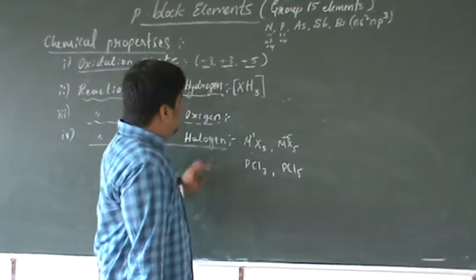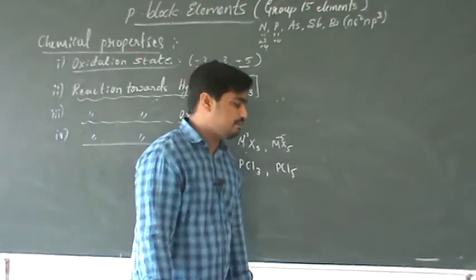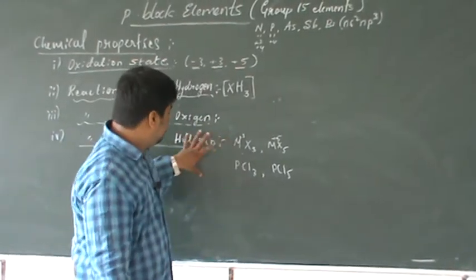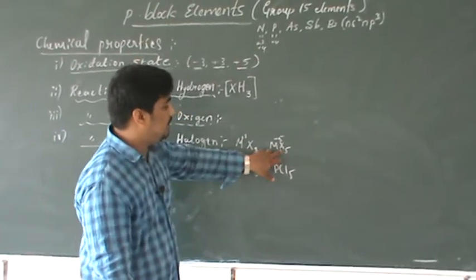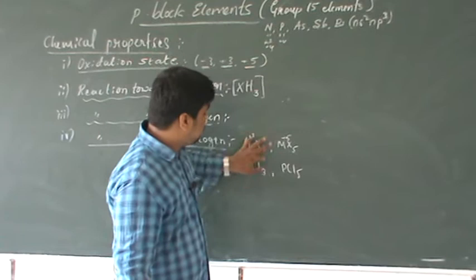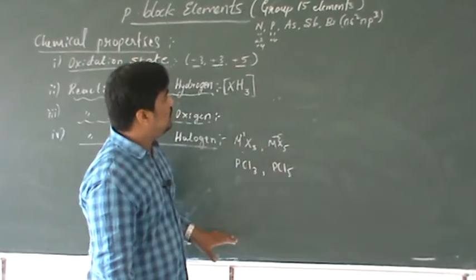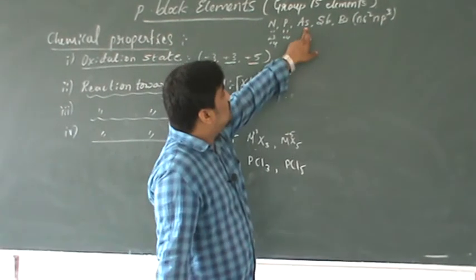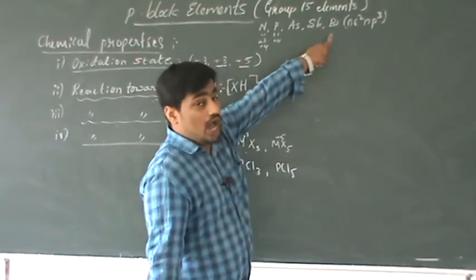Okay. This part is not very important. For your exam point of view, you should know about these halogen compounds, MX3 type and MX5 type. Examples are phosphorus trichloride, phosphorus tribromide, phosphorus pentachloride, phosphorus pentabromide, and arsenic trichloride, antimony trichloride, up to bismuth.